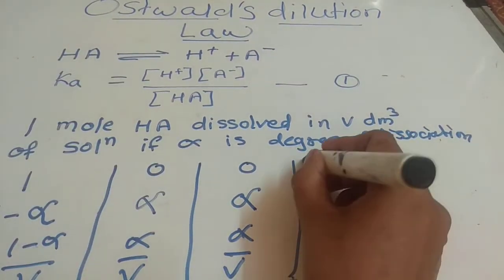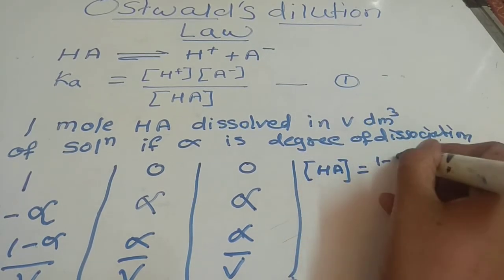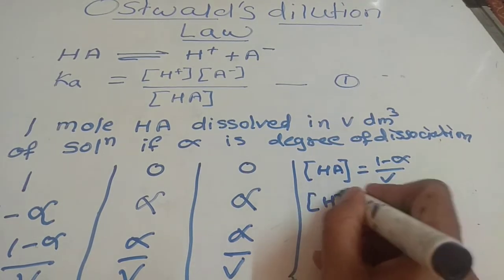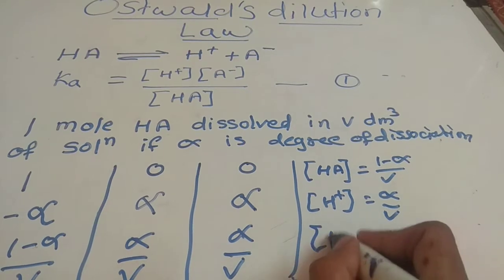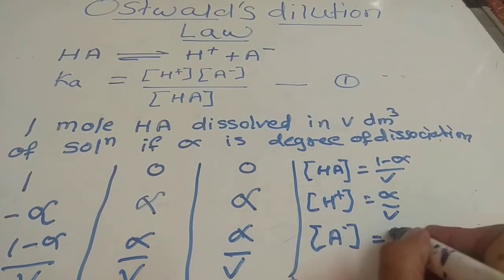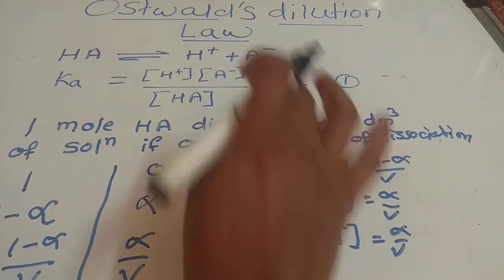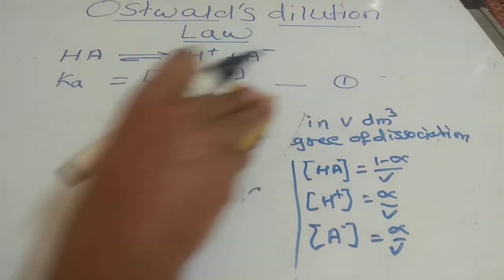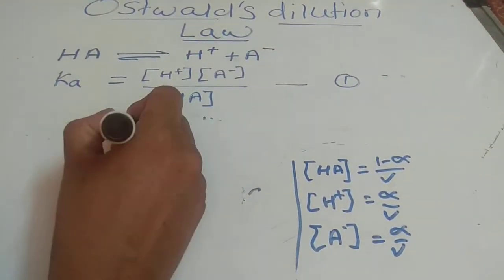Concentration of HA is equal to 1 minus alpha upon V, concentration of H plus is alpha upon V, and concentration of A minus is also alpha upon V, and we are putting these values in equation 1.